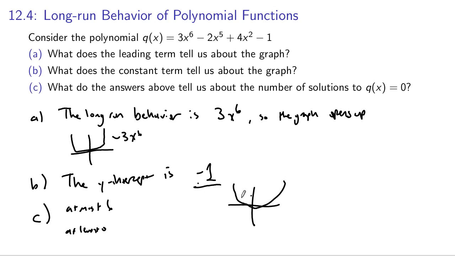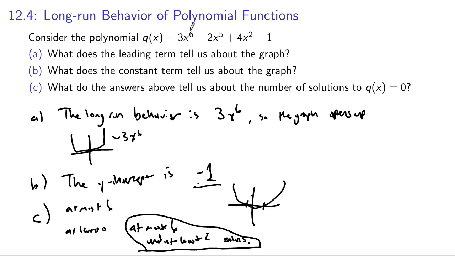So there has to be at least 2 crossings of the x-axis. So there's at most 6 and at least 2 solutions, 6 coming from the degree, and the 2 coming from the fact that we opened up but had a negative y-intercept, so we had to cross somewhere twice.